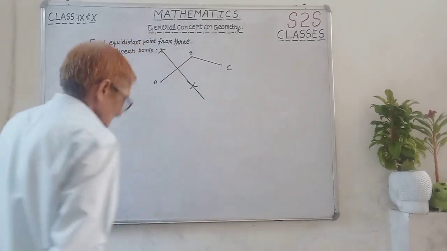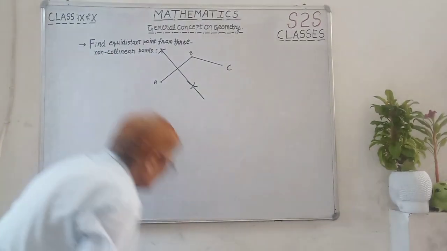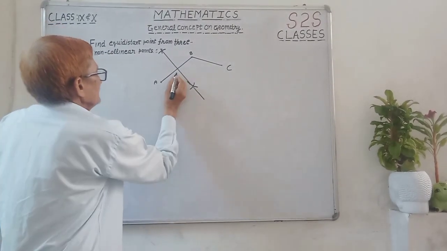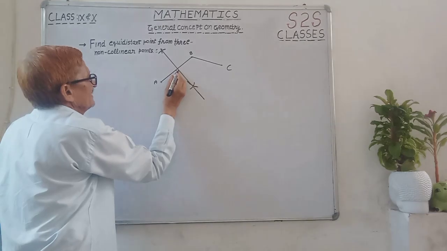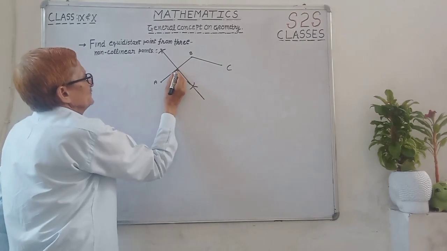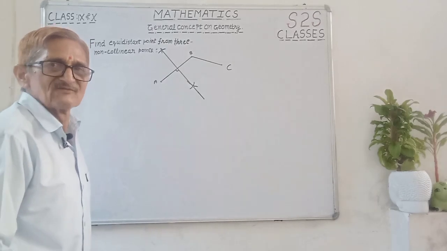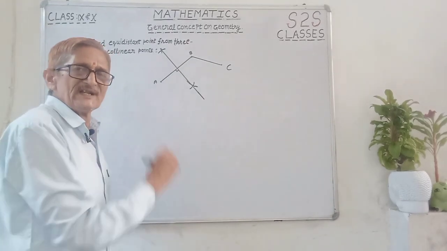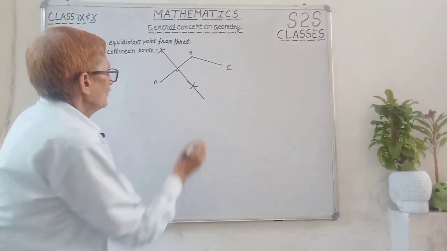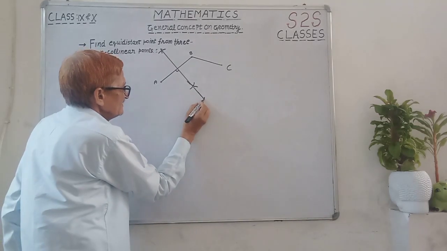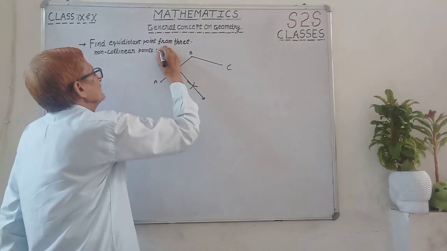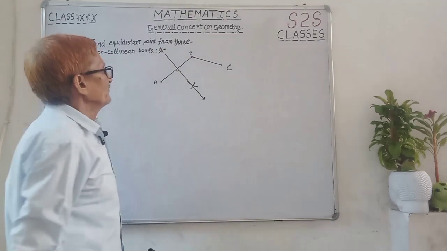Okay, so this is your perpendicular bisector of AB, and a 90-degree angle will be there, and this point on AB where this line segment intersects will be the midpoint of AB. Okay, so this is the line, put arrows on both sides. We can produce this.